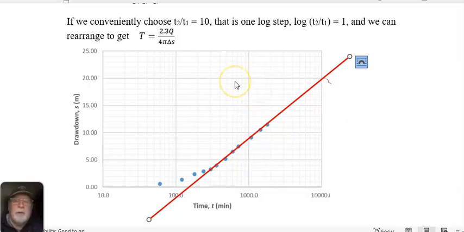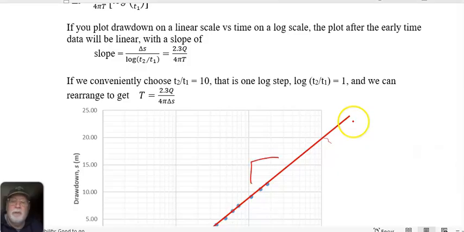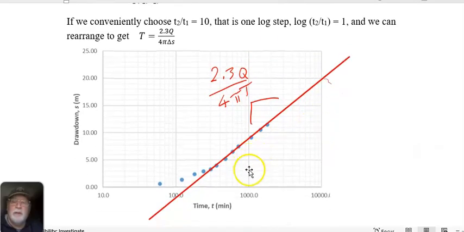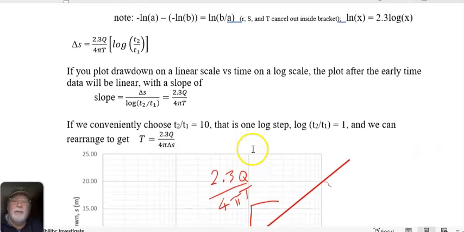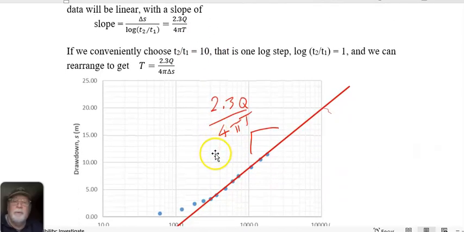And if I look at the equation for that straight line, it turns out that the slope would be 2.3 Q over 4 pi T. And if I conveniently choose t2 over t1 equals 10, so if I go from 1,000 to 10,000, the log of t2 over t1 would just be the log of 10, which is 1.